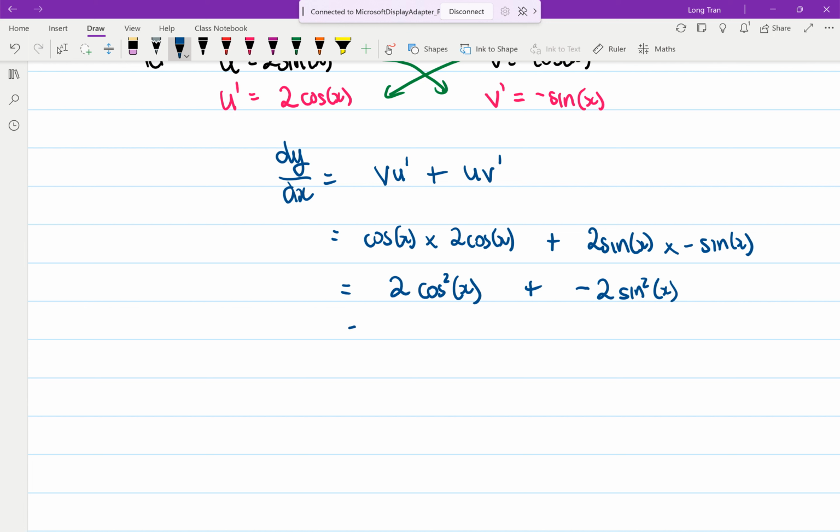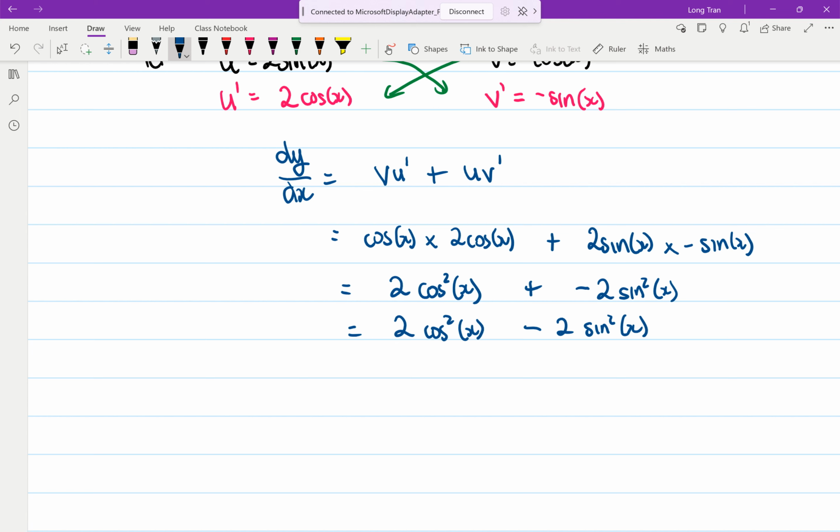So if I write it all again, that's 2 cos squared of x minus 2 sine squared of x. Now, technically, yep. Are you mentioning that the sec squared was sec of x? Like the other one that we said, the derivative of tan of x, was cos squared. You could, if you change it into an inverse, you could.